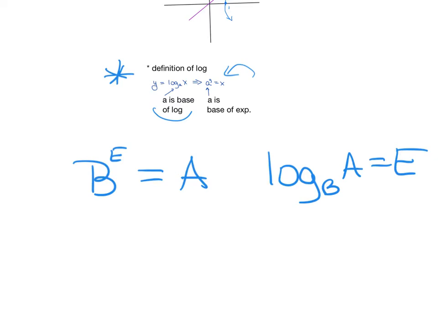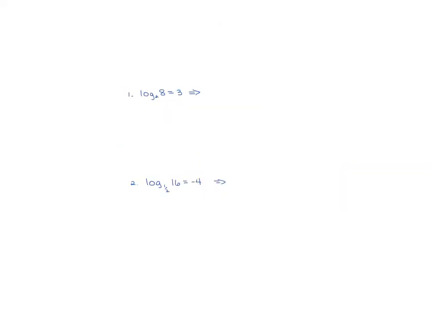You may have other techniques that you use to transform, but I don't care how you do it. If you use my acronym, that's fine. But just be able to go from a log equation to exponential or exponential to log. Today we're going to go from log to exponential. So let's try this.